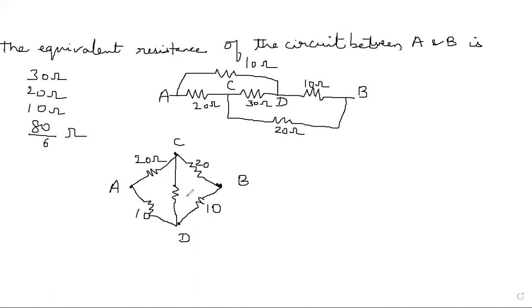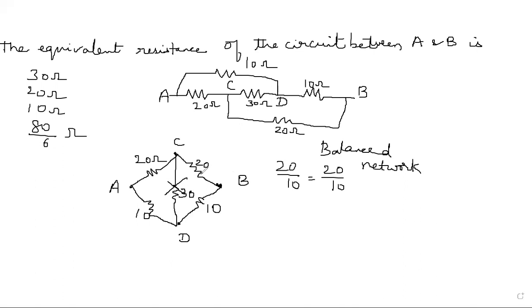So C to D is 30. You can see here 20 by 10 is equal to 20 by 10. Then it is a balanced network. Now since it is balanced, you can eliminate this resistor.